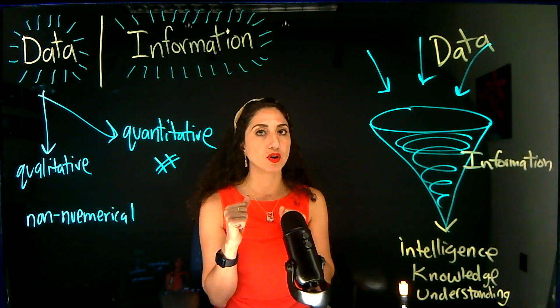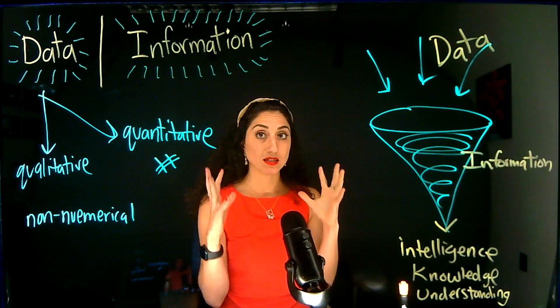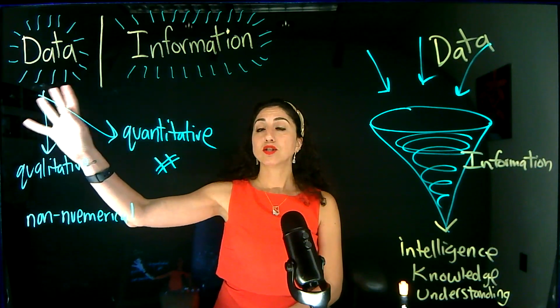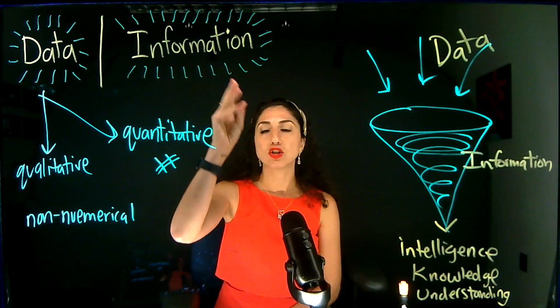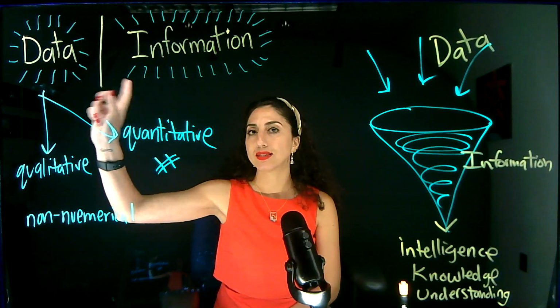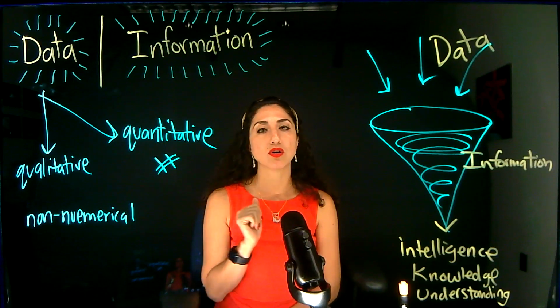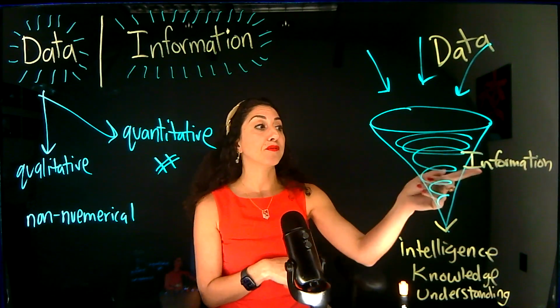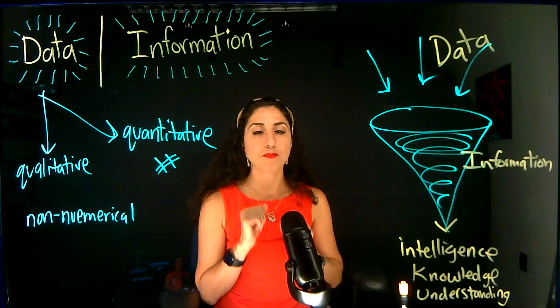Information can be true or false. So here are three different ideas. Data turns into information. Information is useful categorized data. Some data turns into information, but not all data does. Some information turns into knowledge, but not all information does.